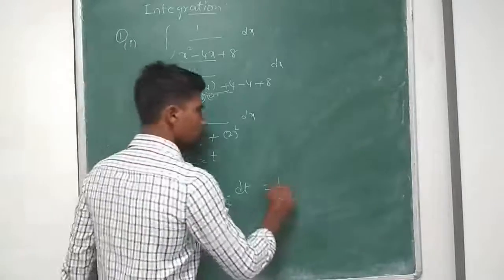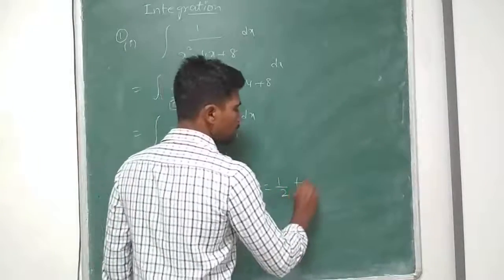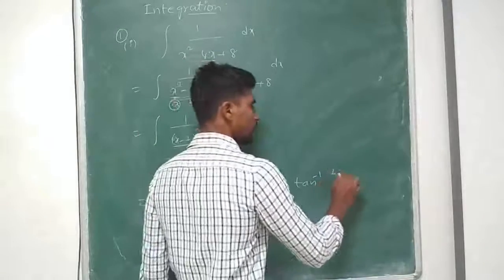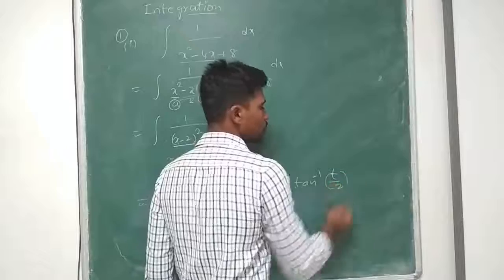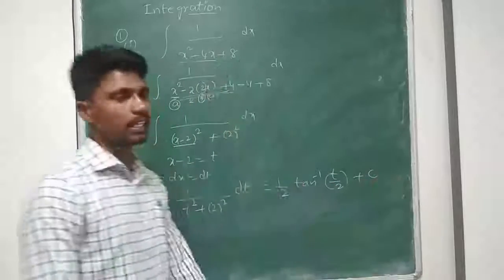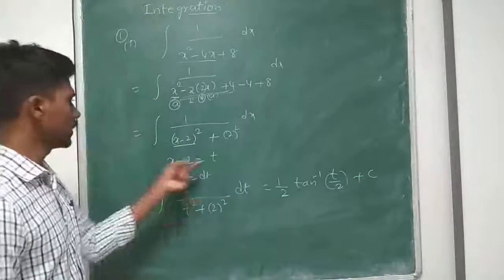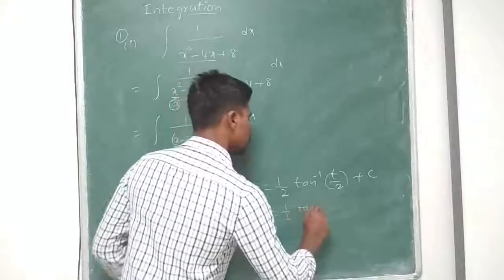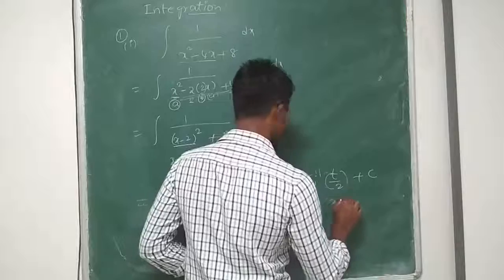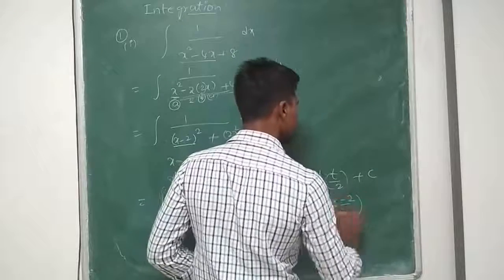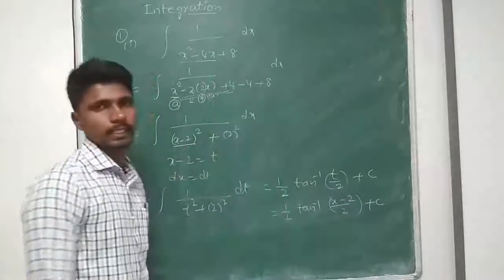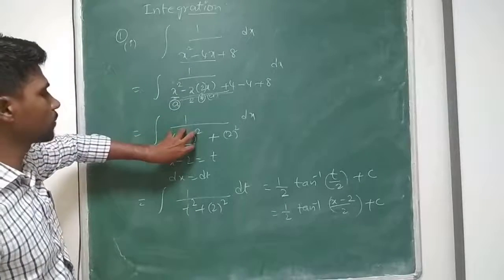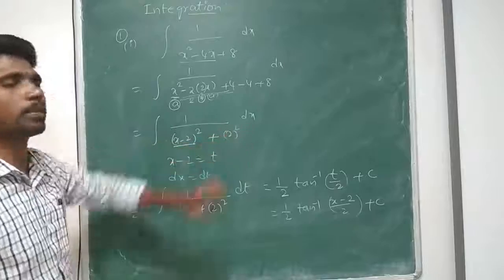For this, 1 by a value 2, tan inverse of t by 2, plus a constant c. Replace the value of t. t is nothing but x minus 2. So I get 1 by 2 tan inverse of x minus 2 by 2 plus a constant c. So I have converted this in the form of x minus alpha whole square plus some a square.